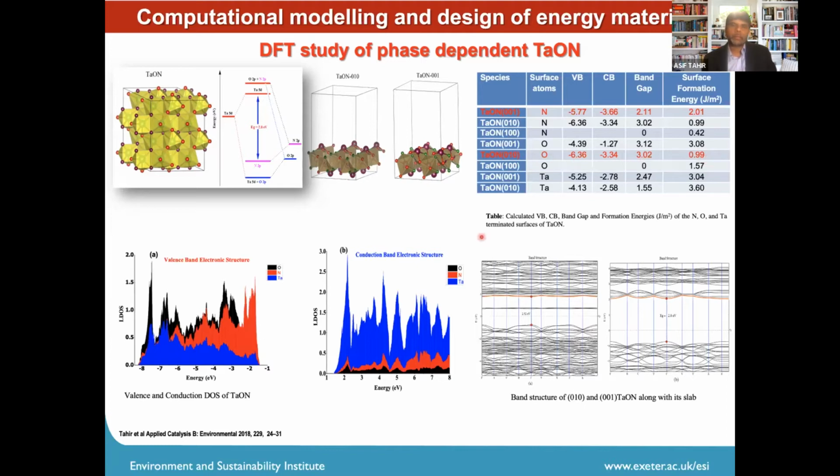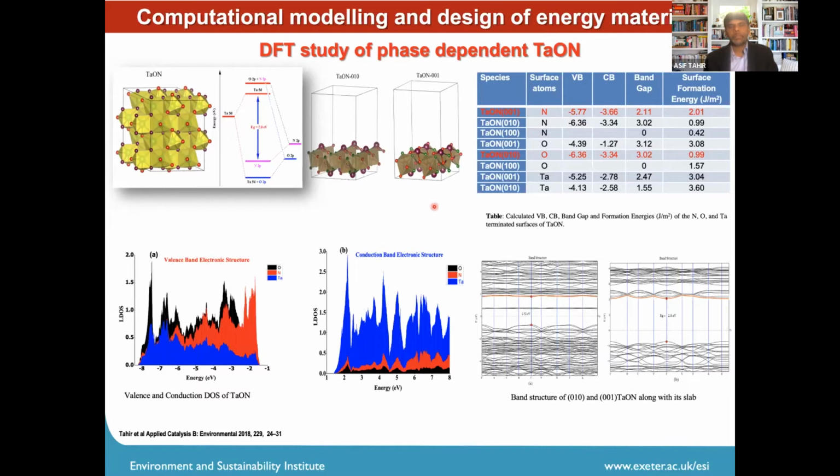So when we are doing these reactions inside the water, it is very important that the surface termination plays a key role in the reaction kinetics as well as the rate of reactions.